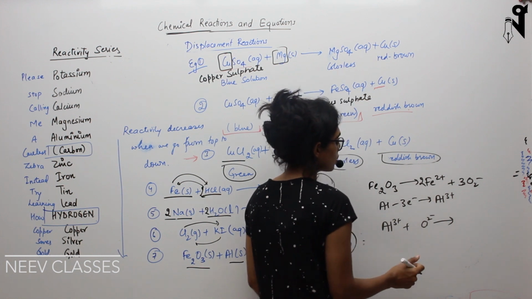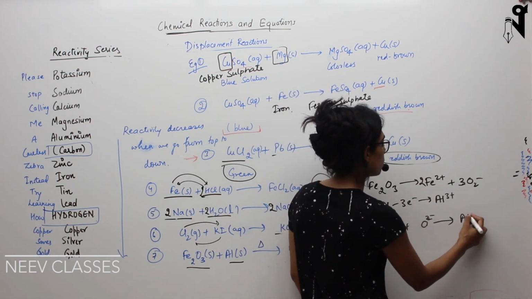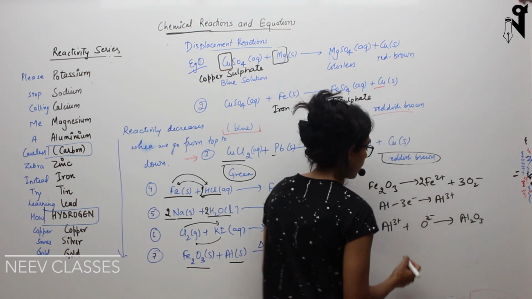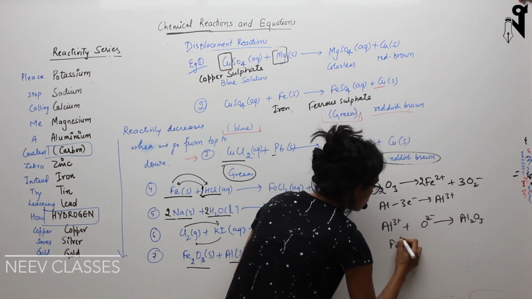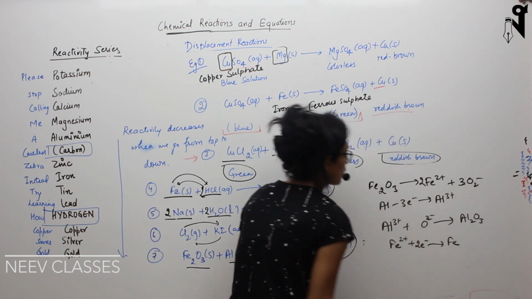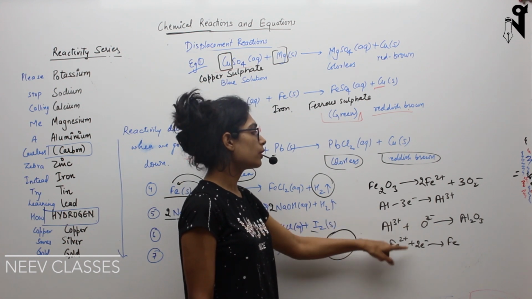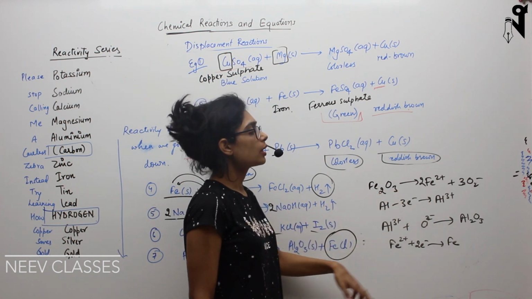I'm not doing the balancing right now; you will do the balancing on your own for this reaction. So Al3 plus and O2 minus will form Al2O3, and Fe3 plus will gain electrons and form Fe. Now if you look, this reaction is not at all balanced. The number of electrons is different, the number of ions is different, everything is different.